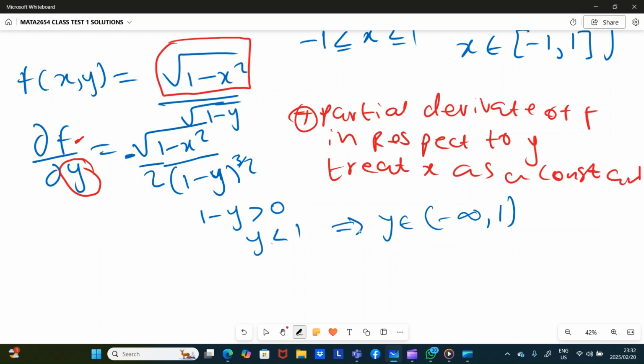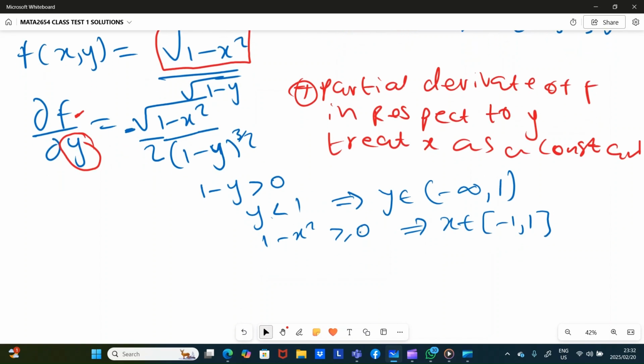We don't have to include 1 there because it's going to bring something that is not nice. Then for the top part, we can use the same argument: 1 minus x squared must be greater than or equal to 0. That implies x is an element of minus 1 to 1, included, just like that. So it's giving us the same domain. They are continuous on the same domain.